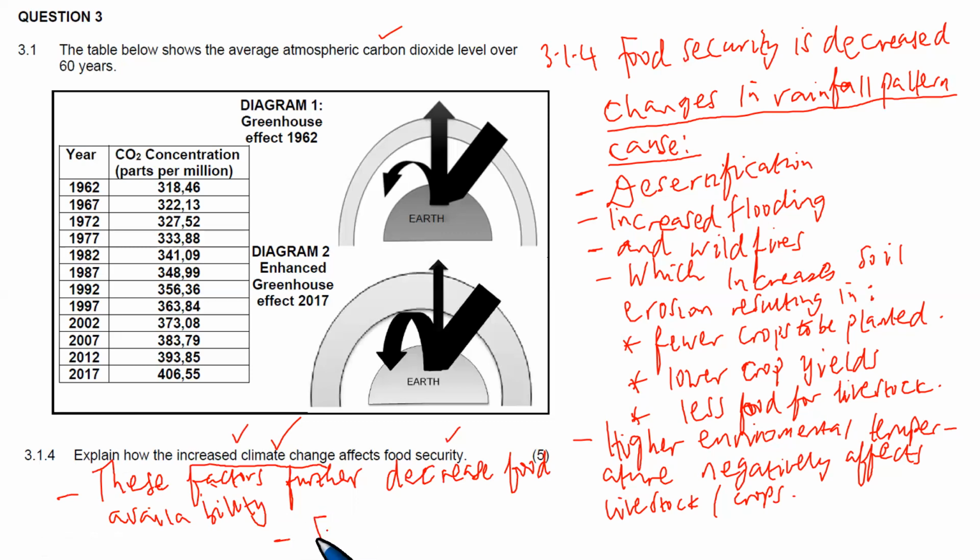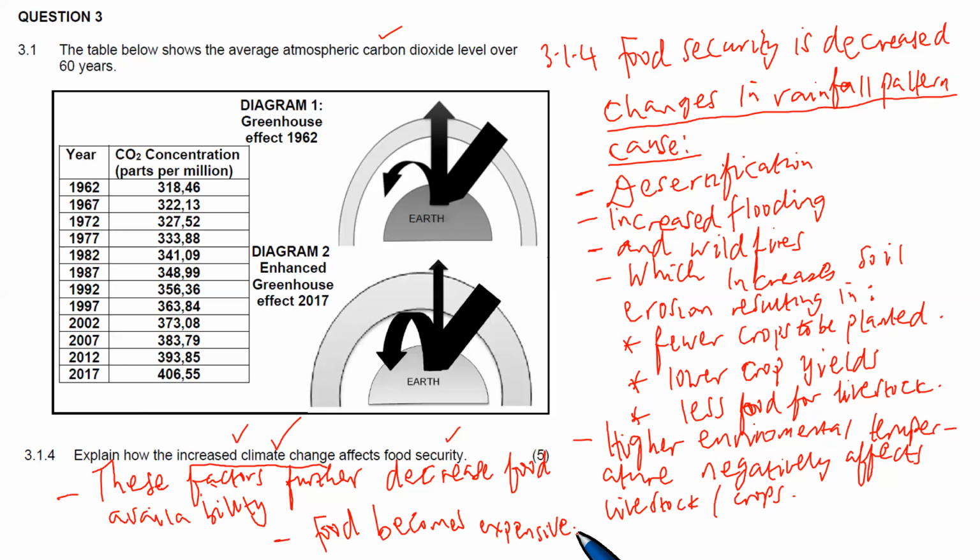Food becomes more expensive. If the rain is less, or rather, the changes in rainfall pattern, make food expensive. If you go to the shop now, you see the eggs are expensive, you see the cooking oil is expensive. Things are becoming very much expensive.